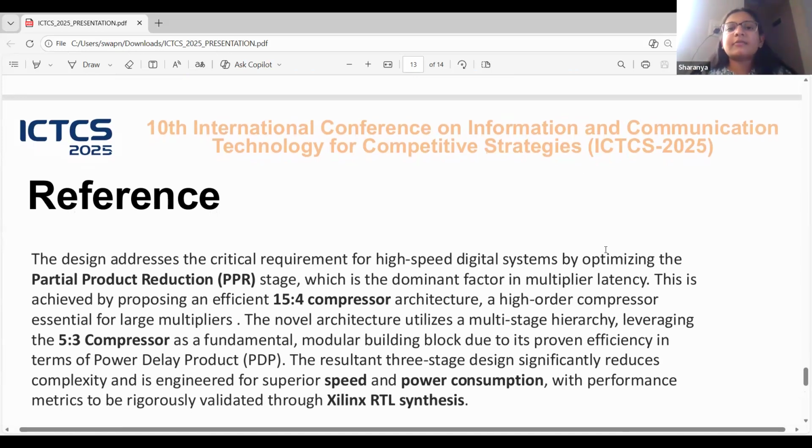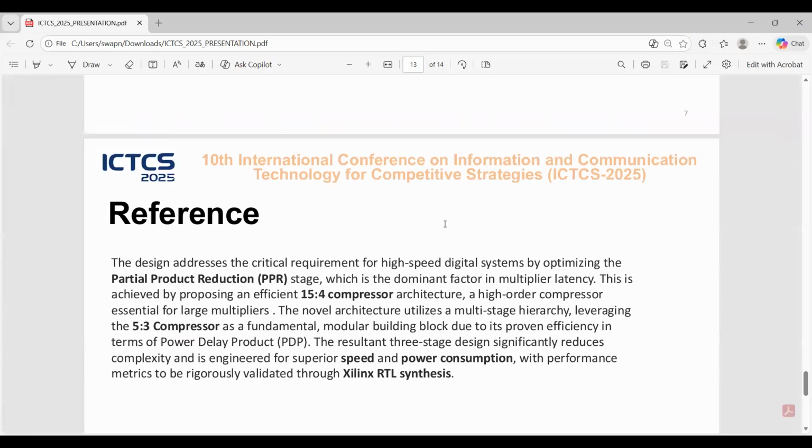In the project phase we did not face any problem. We were able to implement it successfully both in Vivado synthesis and in the FPGA implementation. Okay, so your technique is perfectly working, right? Yes, sir. Okay, that's all from my side. Thank you. Thank you so much, ma'am.